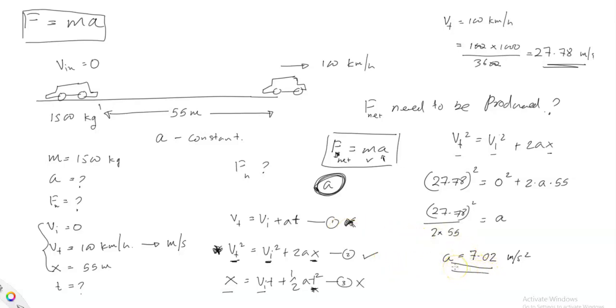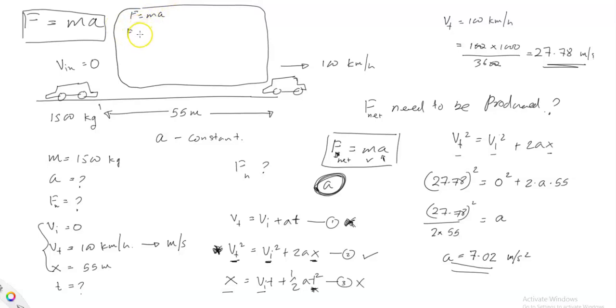Now the question is, how much force do we need? How much force should the engine produce? So, unfortunately because there's not much space, I'm gonna go up here and I'm gonna use F equals ma, Newton's second law. Force is what I need.